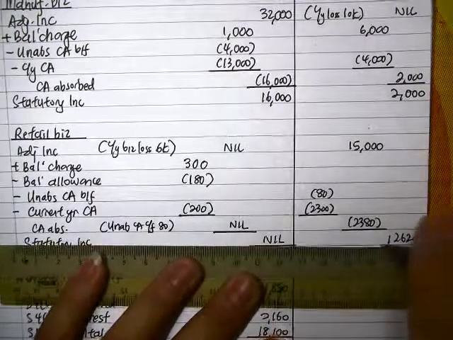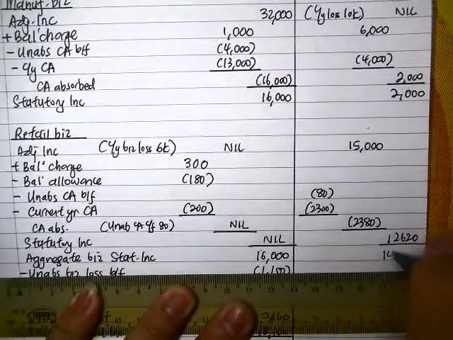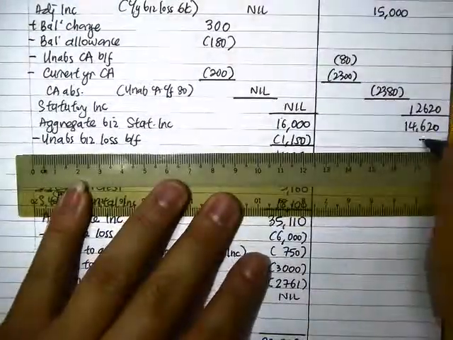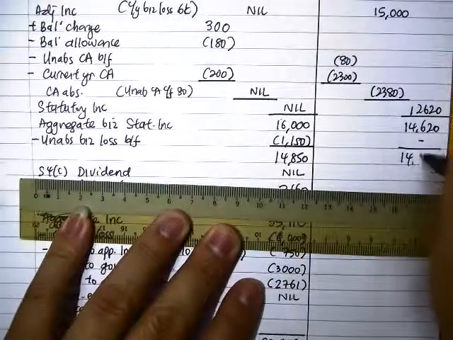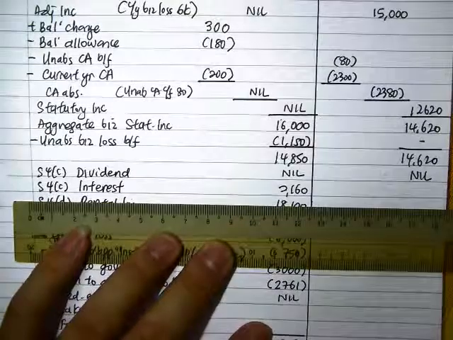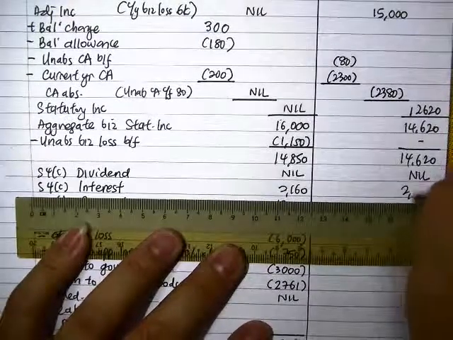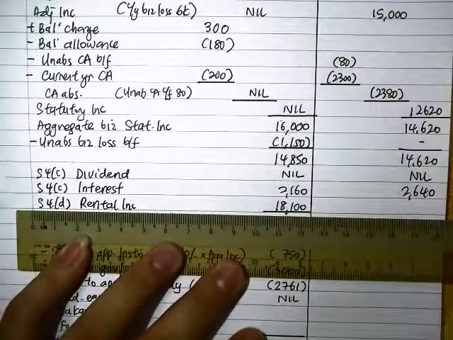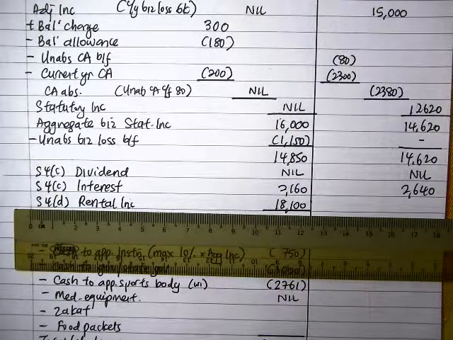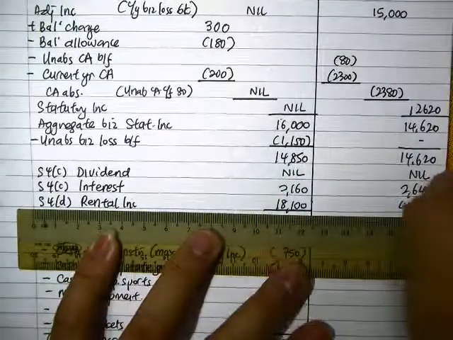So the aggregate business SI will be 14,620. There's no unabsorbed business loss. Right, dividend tax exempt. Interest from the bank is 2,640.